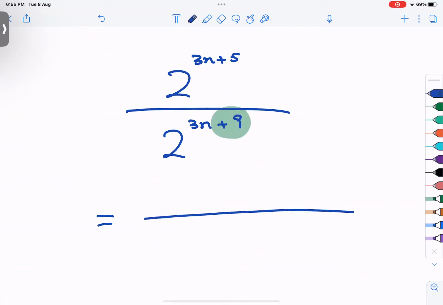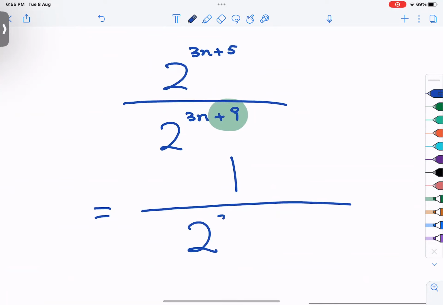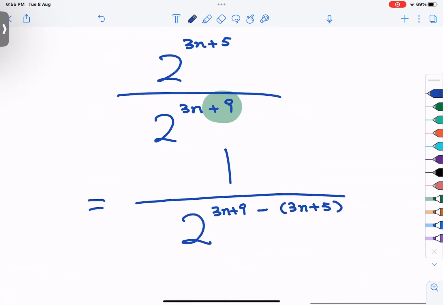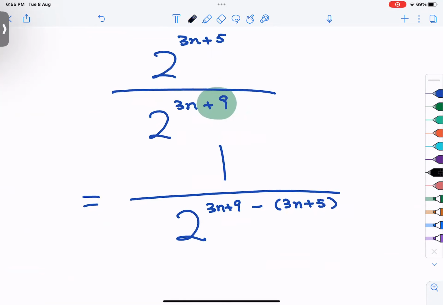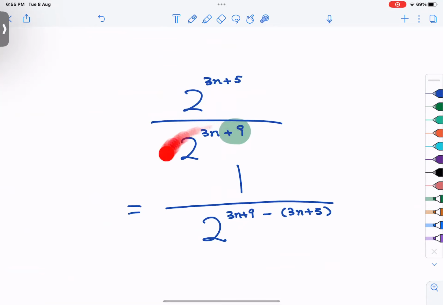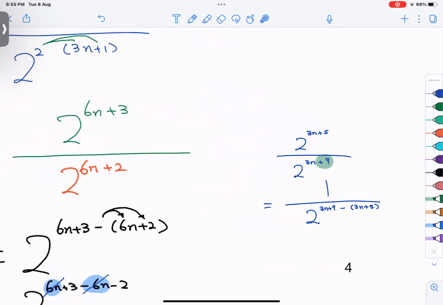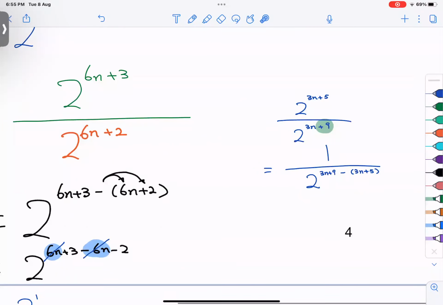So I will write everything at the bottom, above just 1. So the bottom one, this is bigger, minus the smaller one. So if the upper one is bigger, you have to minus the bottom one. Okay.